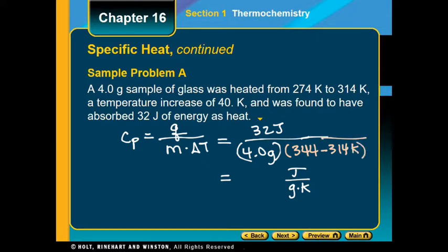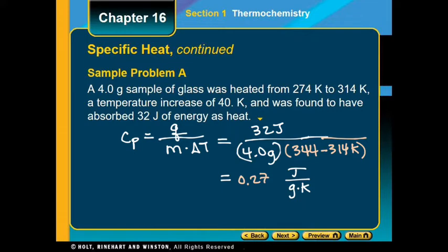And the temperature difference there is now 30 Kelvin. So it'll be 32 divided by 4 divided by 30. This time, the specific heat value is actually going to be a little different, 0.27, but again, I'm going back and looking at the question. It did not ask for the specific heat value based on that one right there.